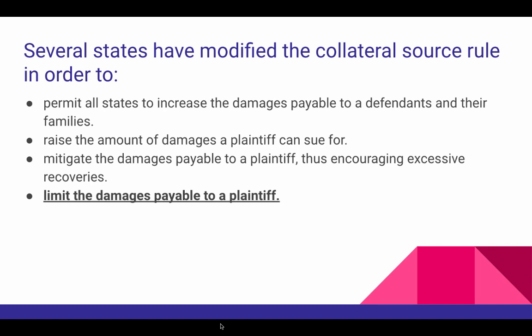The rule prohibited those types of situations. So what states are doing is modifying that collateral source rule to allow access to those types of things. So again, let's say there's a $100,000 medical bill. The patient's health insurance has paid $80,000 of that. In that case, the court would be able to award just a $20,000 payment, because the rest of it has already been paid.